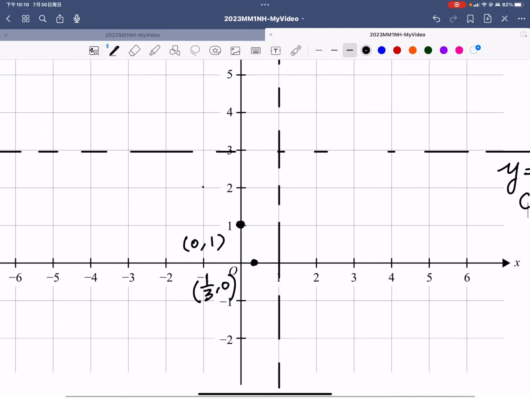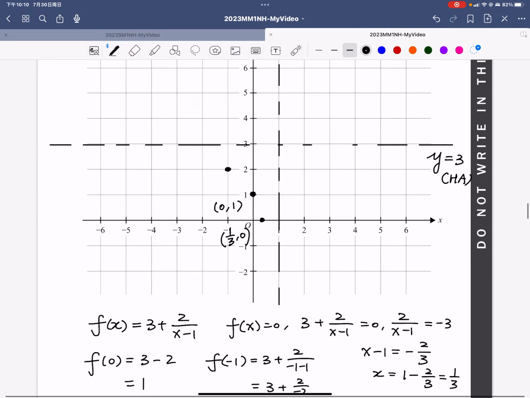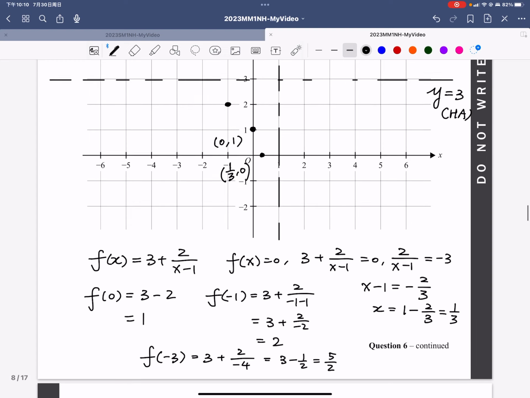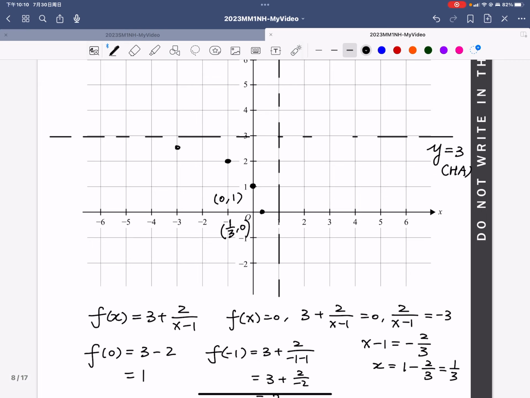If it's at minus 1, I'll be expecting some point like here, okay? And if I'm substituting, let's say, minus 3, then I would say 3 plus 2 over minus 4, which is 3 minus half. Okay, 2.5. Okay, sufficient amount of points, so should be sufficient for accuracy.